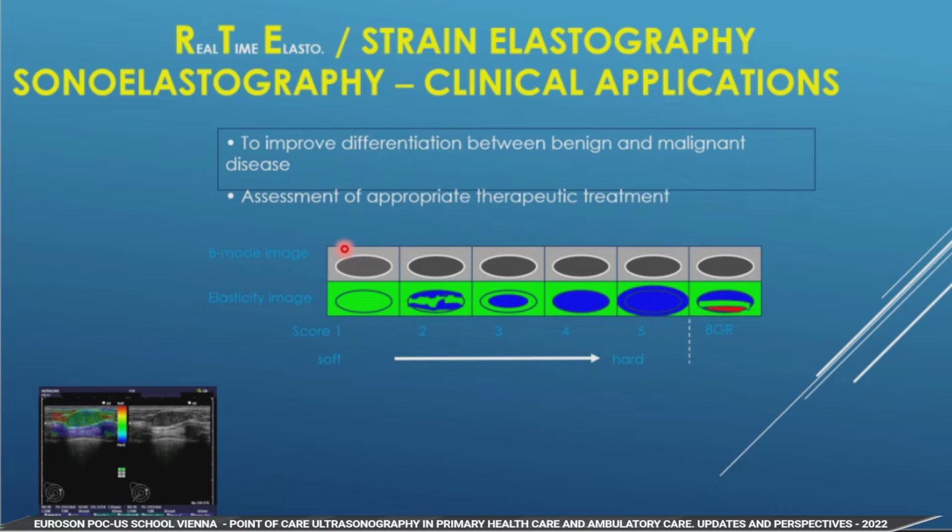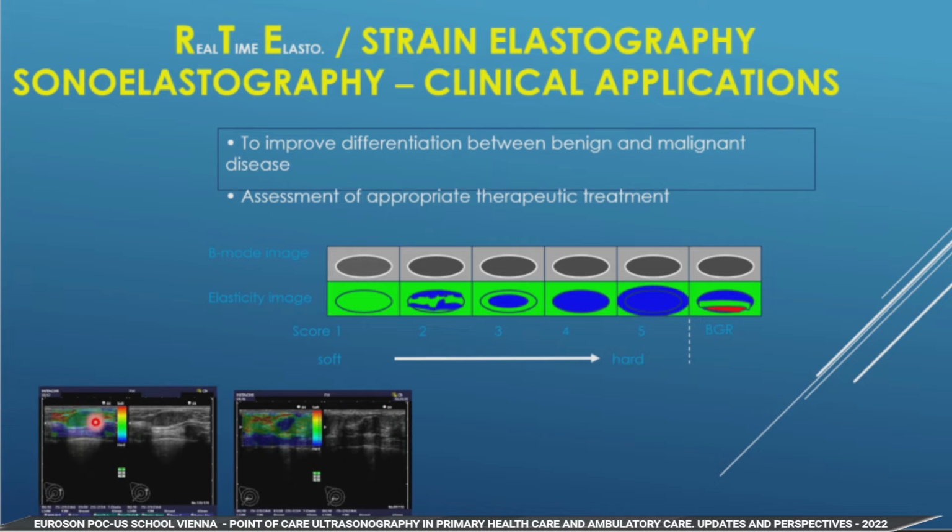With strain elastography, the Japanese people created the Tsukuba score classification in 5 scores. Score 1, you have the B-mode image exactly superposed to the elastography image, and you have here the green homogeneous perfectly designed lesion that's really benign.